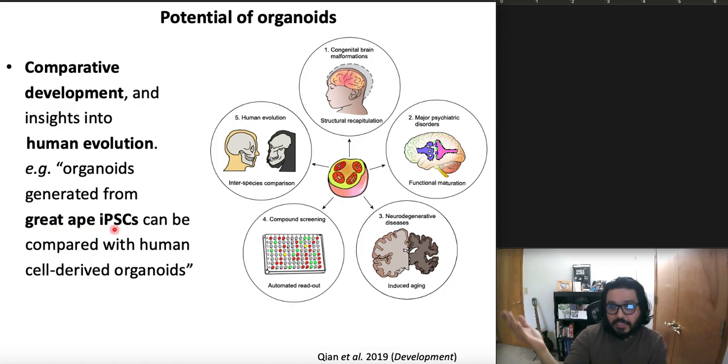So just take skin cells from a chimpanzee or from a gorilla and make that an organoid, see how its brain develops, and compare that to a human and see what are some genetic changes, what are some structural changes, and get more insights into the real differences between humans and other primates.